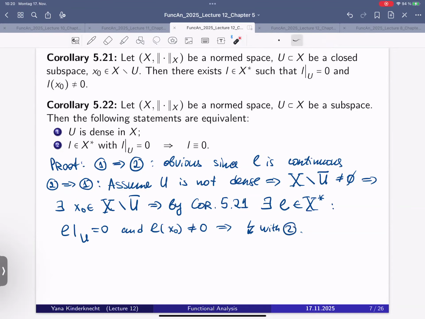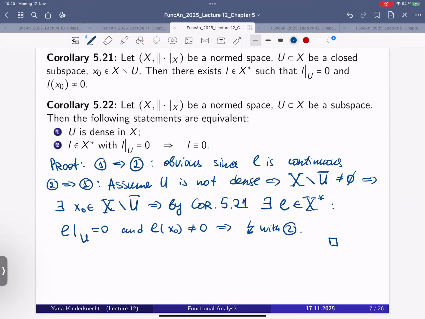And hence 2 is not satisfied. That is, if 1 is true, then 2 is true. If 1 is not true, then 2 is not true. Hence, the following two statements are equivalent. Okay? Agree?